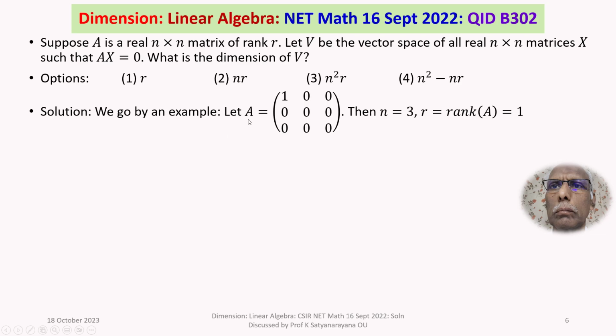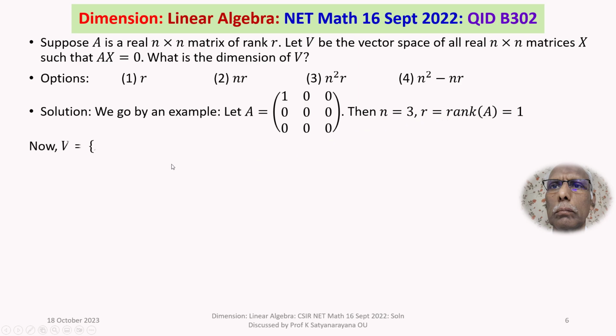We take capital A to be a 3 by 3 matrix as 1 0 0 first row, 0 0 0 second row, 0 0 0 third row. And the order n is 3. Its rank obviously is 1.